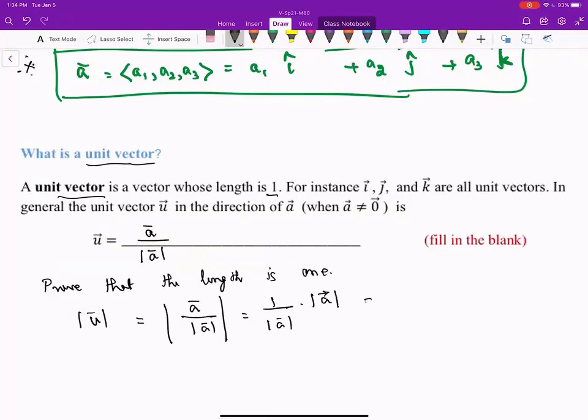So it is absolute A over absolute A, or magnitude of A over magnitude of A, which is equal to 1. So the unit vector in the direction of A is the vector A divided by the length of A.